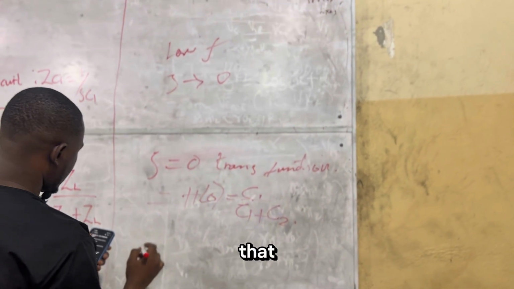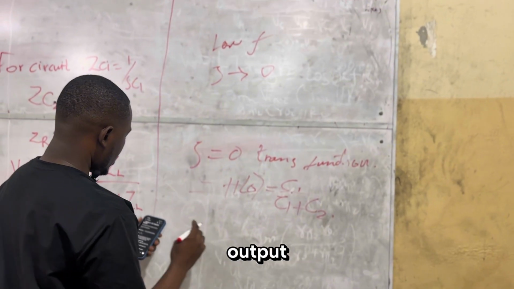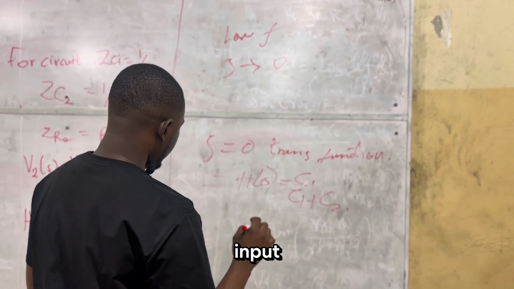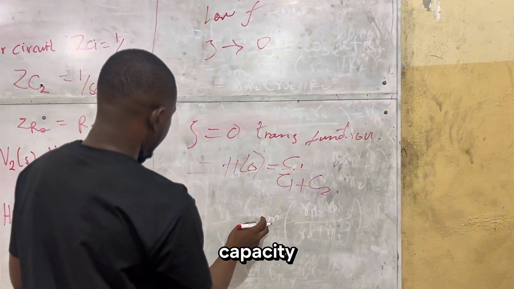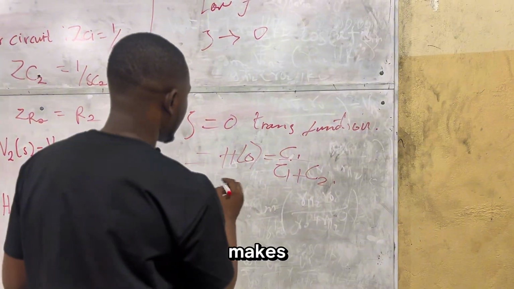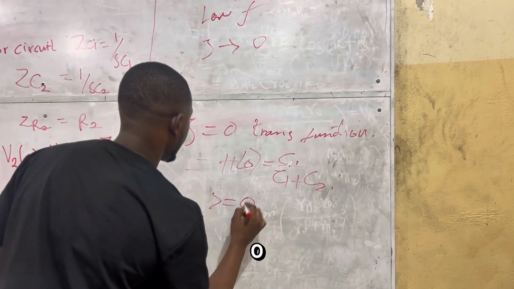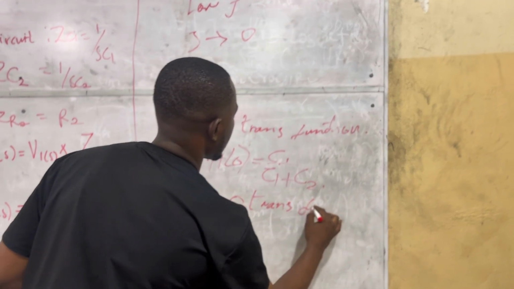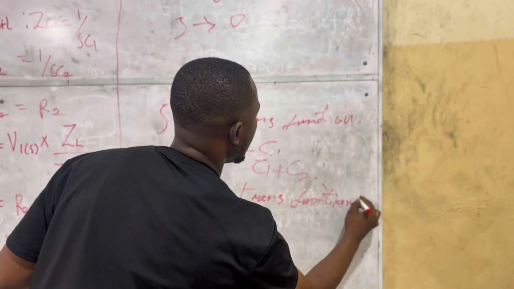This means that at low frequencies, the output voltage is a fraction of the input voltage. It is determined by the capacitor ratio. This makes sense when S approaches zero in the transfer function. Thank you.